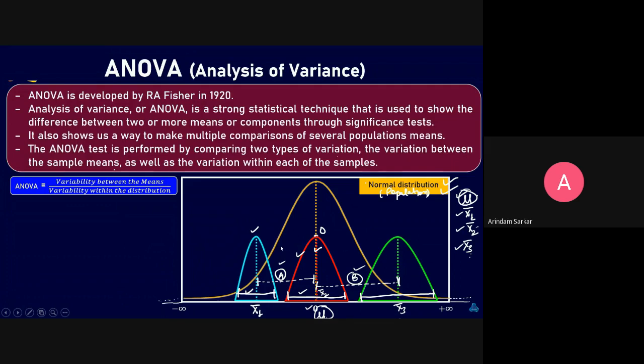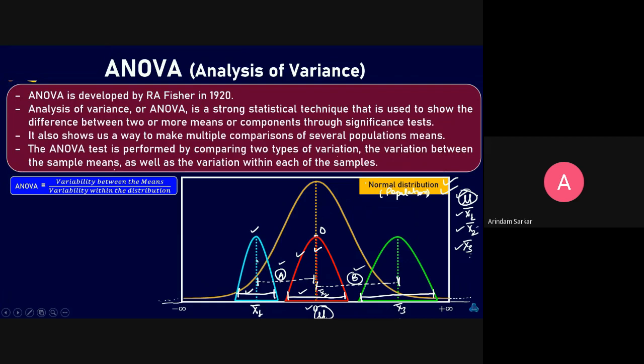Now, what will ANOVA do? ANOVA will compare the global mean with the local mean. What do you mean by global mean? The mean of the population. As I mentioned earlier, whenever you are using a parametric test, you should have the mean of the whole population, so the whole population mean is very important, right?